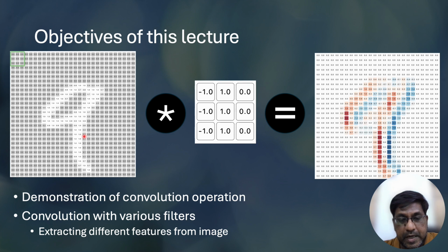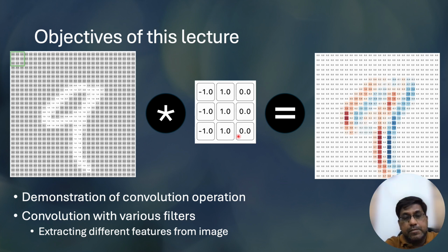So we want to determine where is the left vertical edge or the right vertical edge, or where is the top horizontal edge or the bottom horizontal edge. So we want to locate those features within the image, and this can be achieved by performing convolution of the input image with certain specific filters. So we have to choose these filter values appropriately in order to extract those specific features from the image.